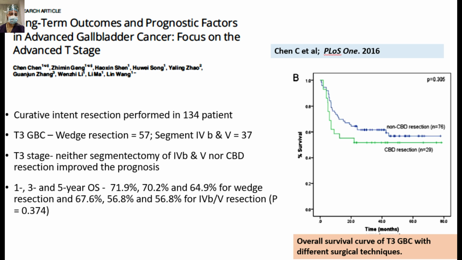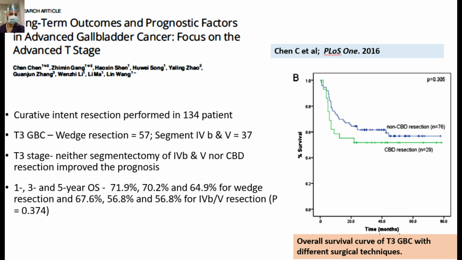So for T3 stage cancer, neither segmentectomy or anatomical resection nor CBD resection improved the prognosis. The 1-3-5 year overall survival was 71, 70 and 64 for wedge, and 67, 56 and 56.8 for anatomical 4B and 5 resection, which was not statistically significant.